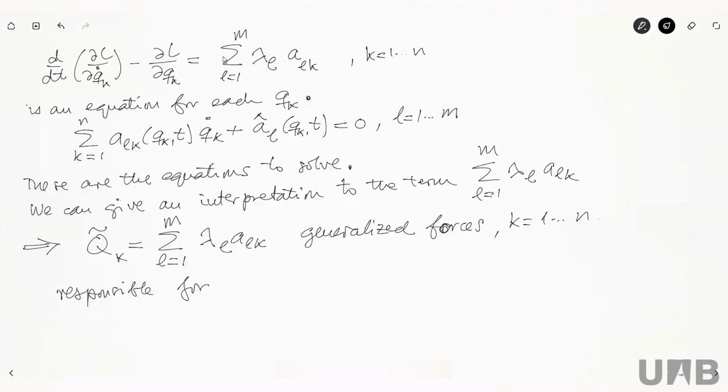The system without the generalized forces would be the system without the constraints. We had to put in these Lagrange multipliers because there were these differential constraints, in terms of the velocities. Without the Lagrange multipliers, the system would be without these differential constraints. So what are these generalized forces responsible for?